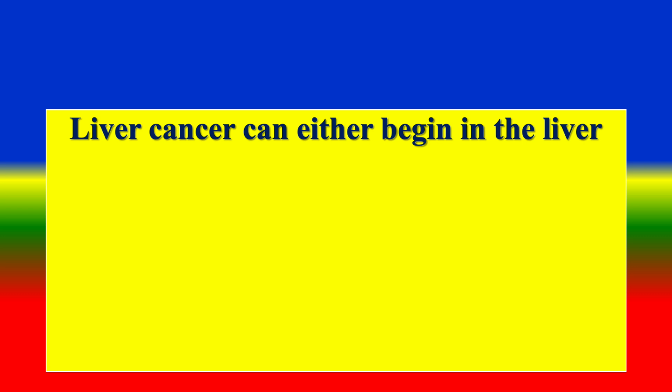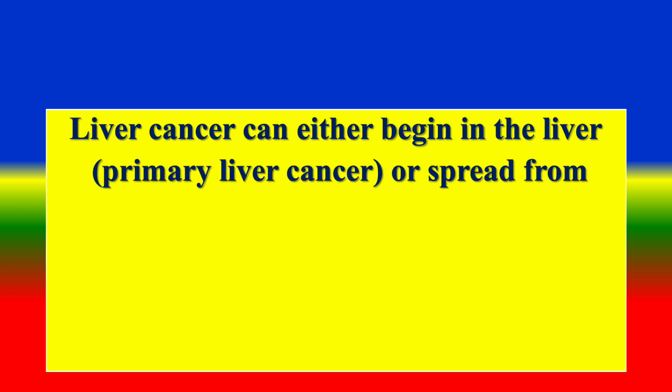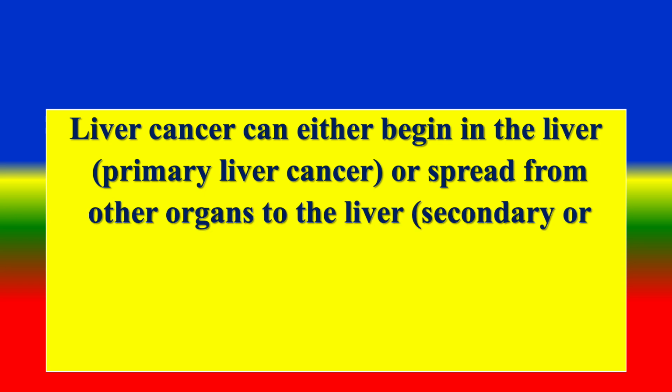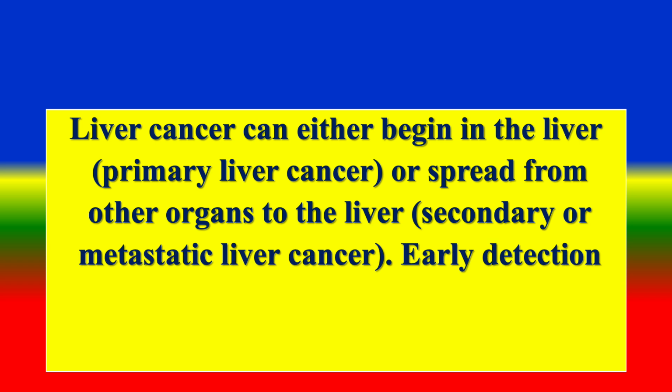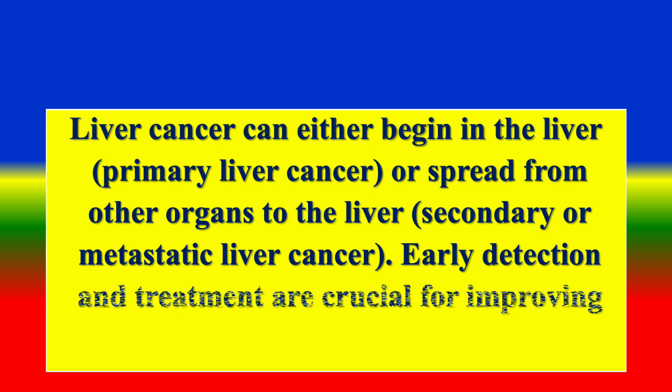Liver cancer can either begin in the liver, primary liver cancer, or spread from other organs to the liver, secondary or metastatic liver cancer. Early detection and treatment are crucial for improving outcomes.